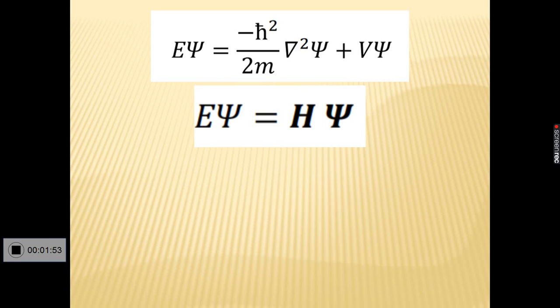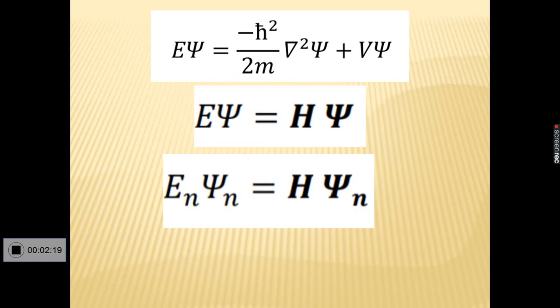So we have the steady state Schrodinger equation E psi equal to H psi. When we solve this equation, we get a large number of wave functions psi n, and correspondingly a large number of energy values En.